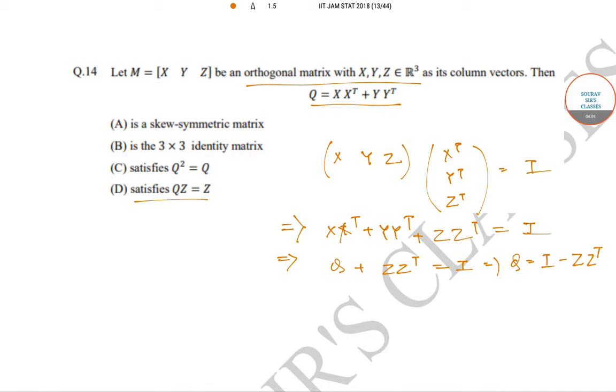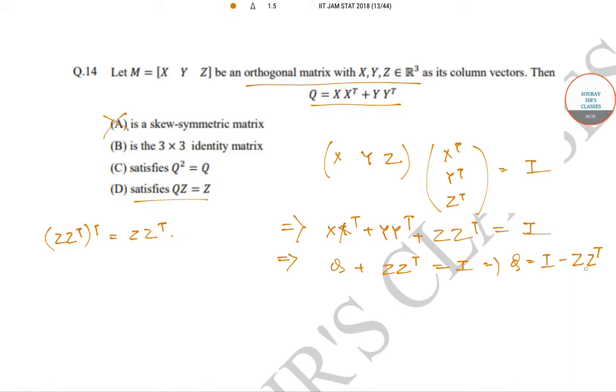Now z z transpose is a symmetric matrix, as z z transpose, the entire thing transposed, is equal to z z transpose. It is symmetric, so identity minus a symmetric matrix is also symmetric, because the sum of two symmetric matrices is symmetric. So it is definitely not skew symmetric, and A is wrong.